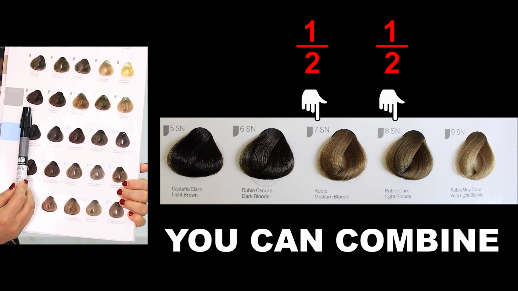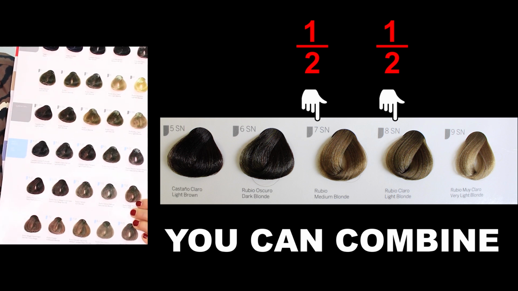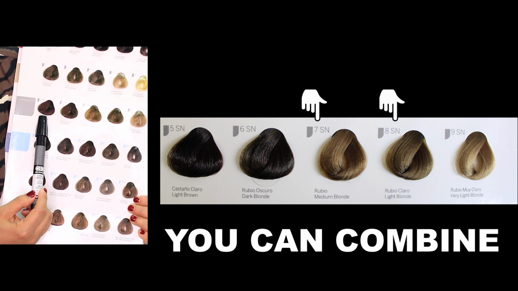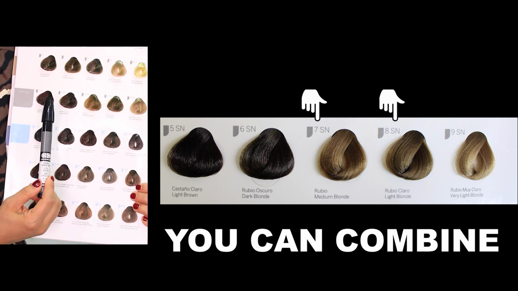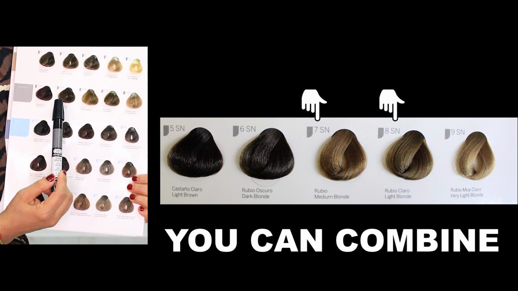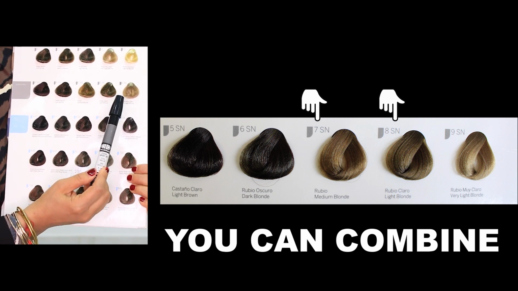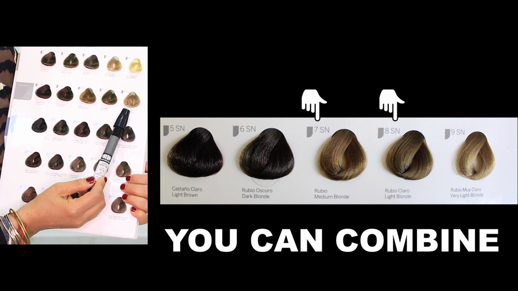Remember that it starts from 5. Since these are dark tones, 5 would be a 4 and so forth. 5SN, 6SN, 7SN, 8SN, 9SN, and it goes up to the level of 9 as well.